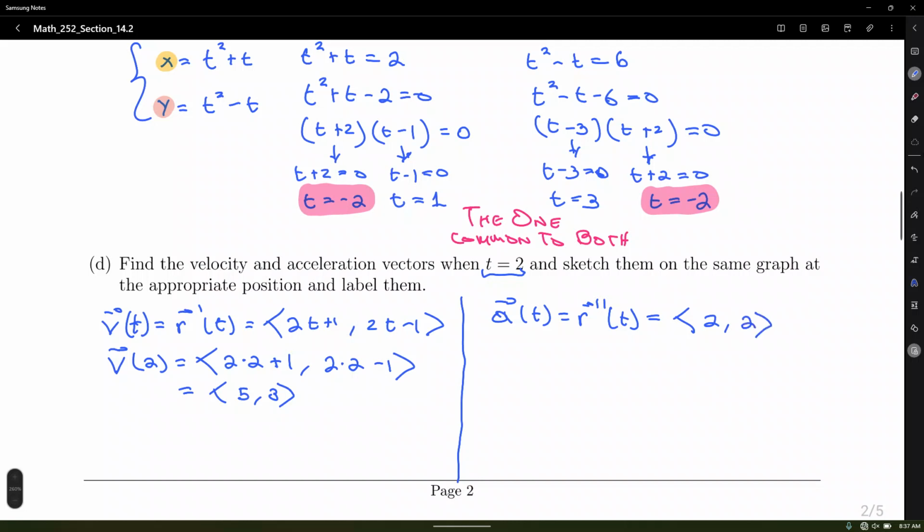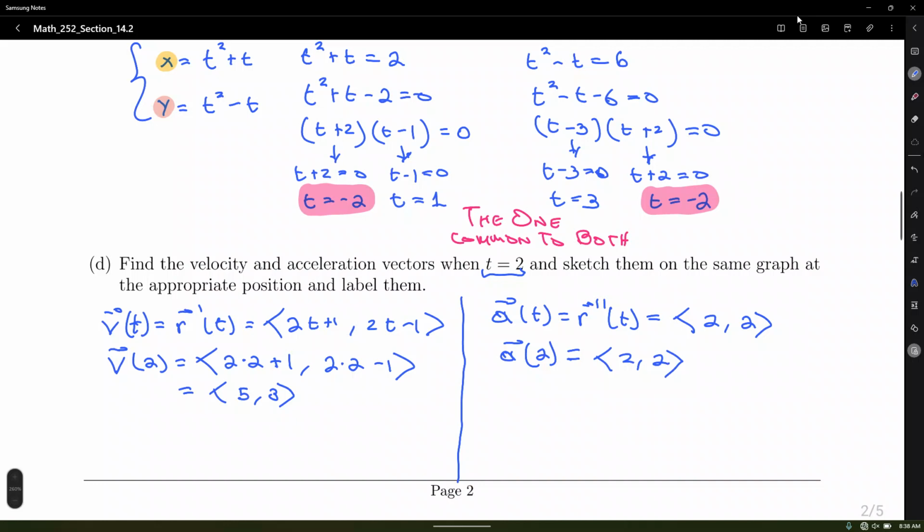And if we evaluate the acceleration at 2, notice in this case we don't have any variable t, so there is nothing to substitute. In fact, the acceleration is constant. It's going to be the same vector for every single point. So just keep it 2, 2.